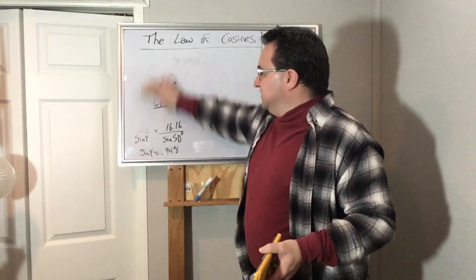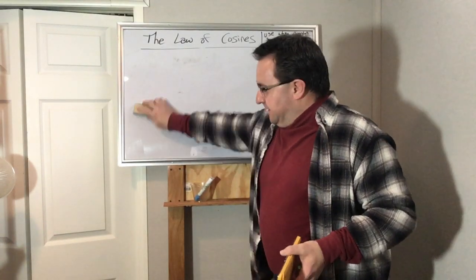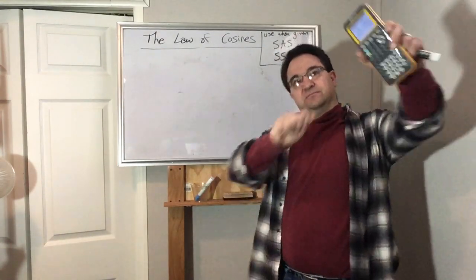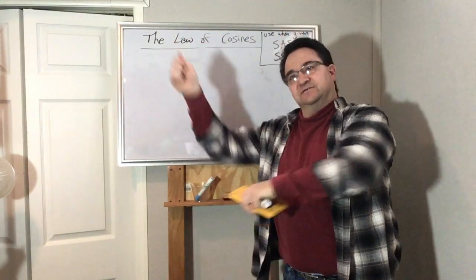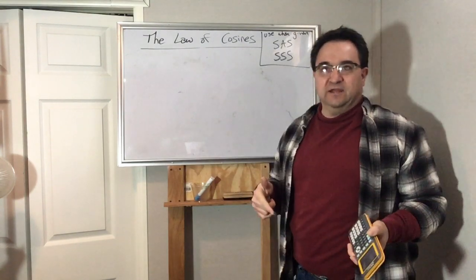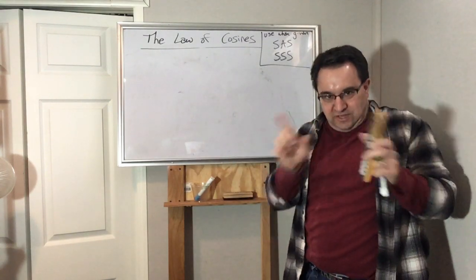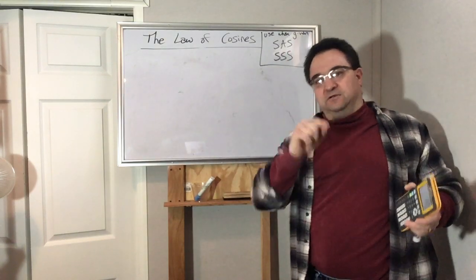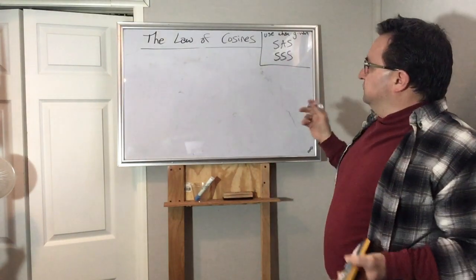If you think about if you're measuring something like maybe a deck in your backyard, you would use a tape measure and measure all of the external sides. You probably wouldn't have a protractor where you could actually measure the angle. You would measure the sides and use those sides to calculate the angle. So that's what we're going to do here.